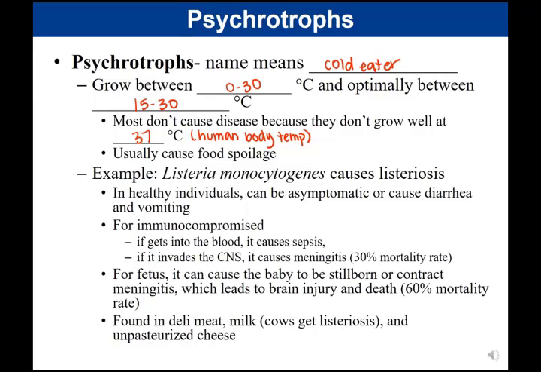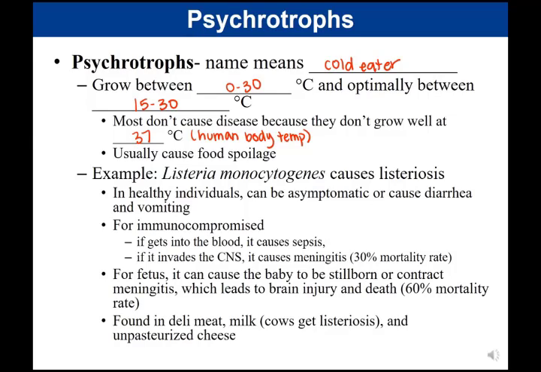Now, an example of a pathogenic psychrotroph would be Listeria monocytogenes. So Listeria monocytogenes causes listeriosis. And so in individuals that are healthy, if you happen to ingest Listeria monocytogenes, it can be asymptomatic, or it might cause food poisoning in the form of diarrhea and vomiting.